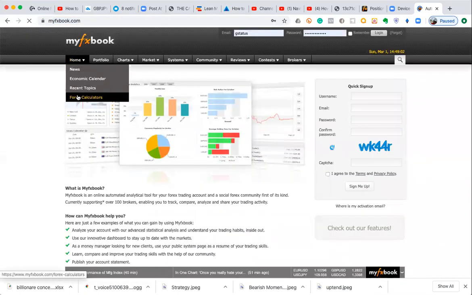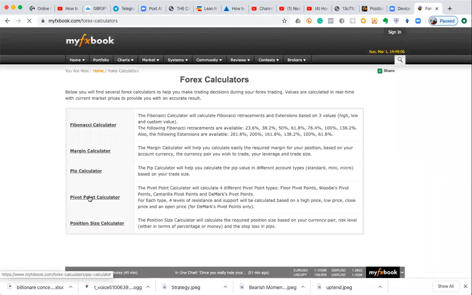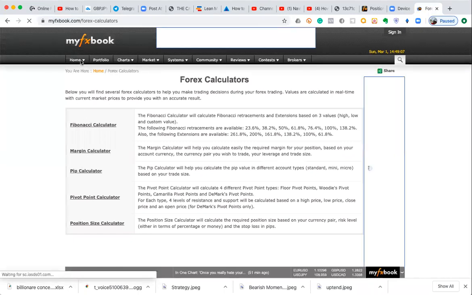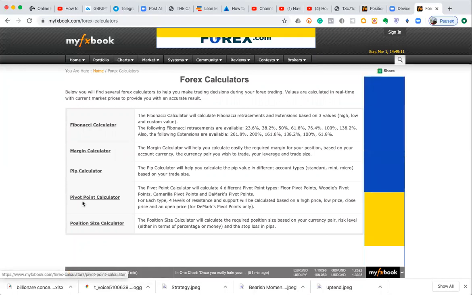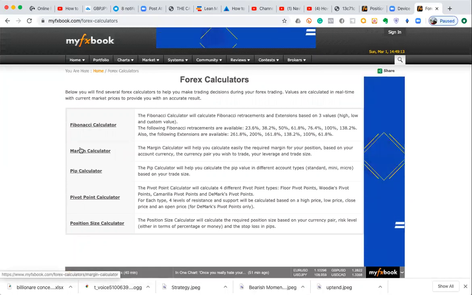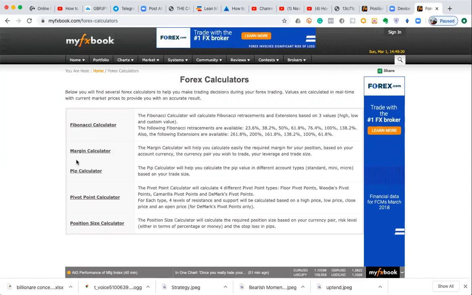And so, Henry, what I would suggest is definitely come in here, my FX book, and then in this area, whether it's pip calculator or position size or margin size, these are going to help you do a lot of the stuff that you like to do.